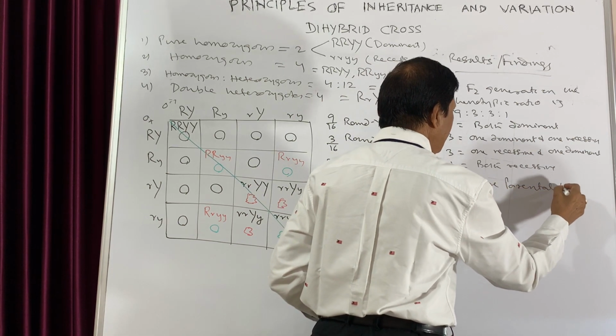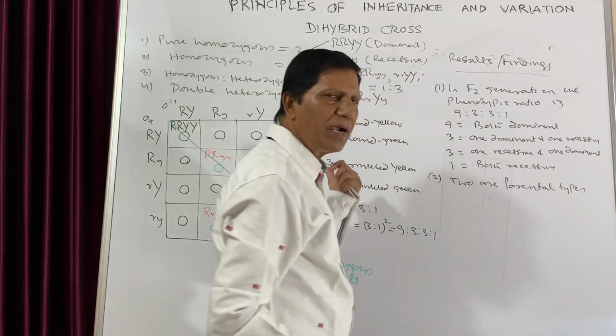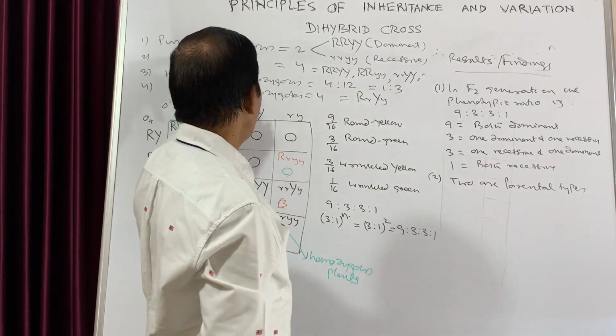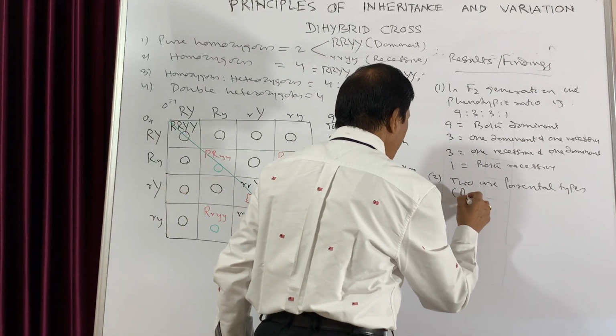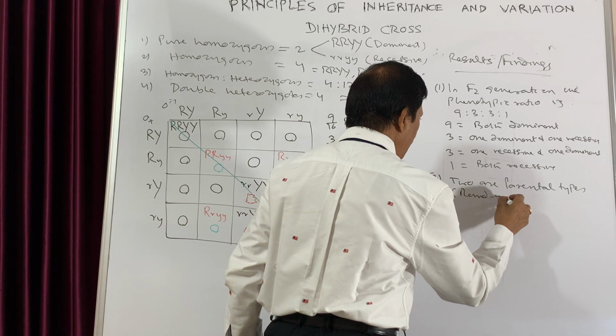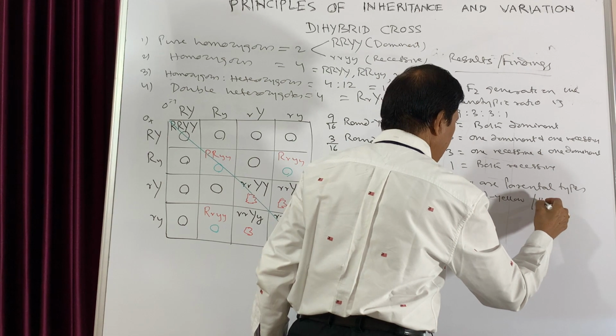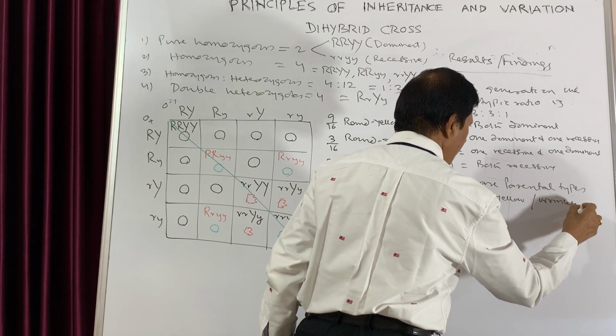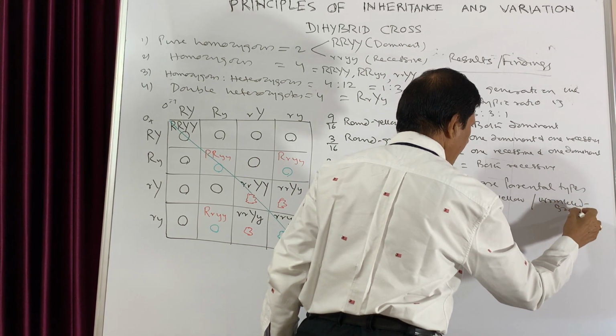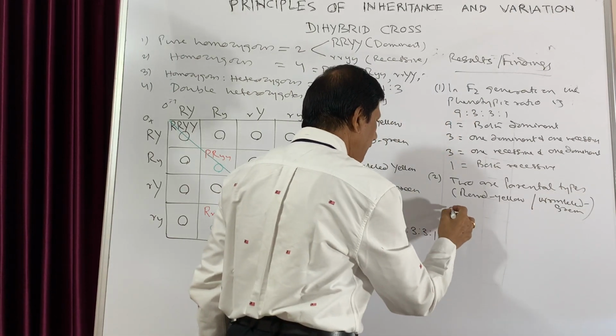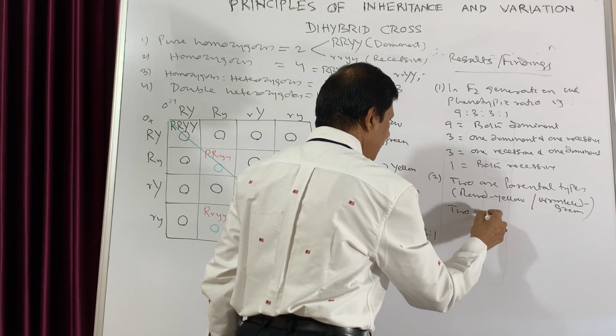Two are parental types. So what are the parental types here? Here we got the round and yellow. This is one parent, and the other is wrinkled and green. Two are parental types, while two are recombinants.